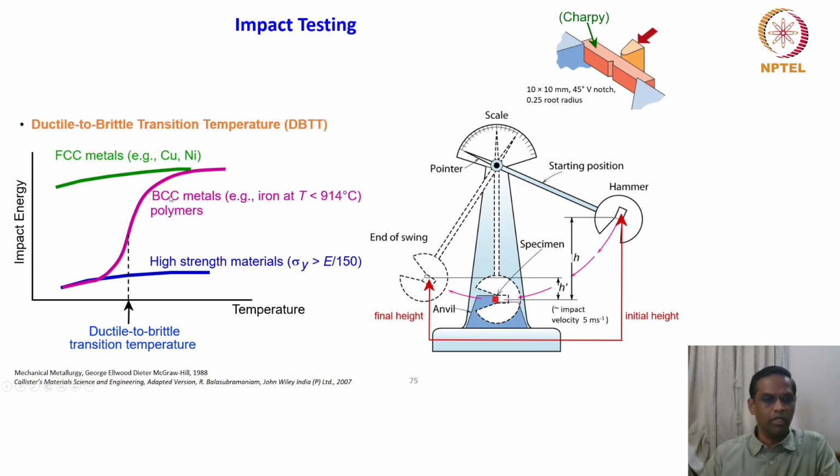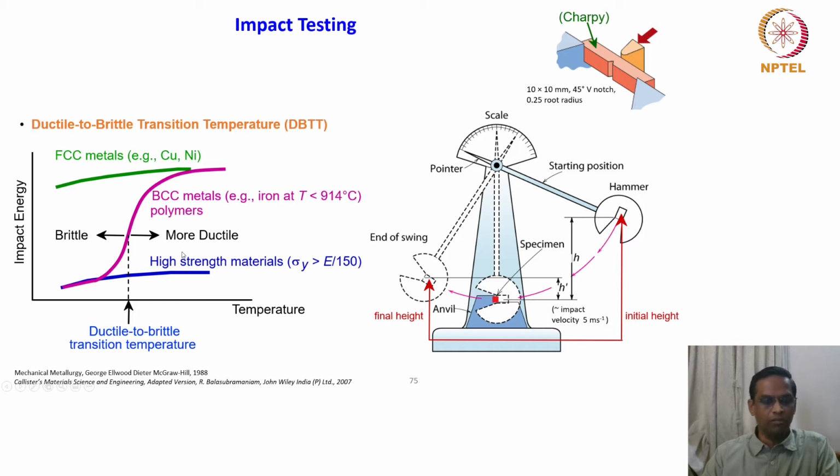So we have the background for this, and this particular temperature is called the ductile to brittle transition temperature, popularly characterized as the DBTT. And what happens is the material will behave ductile up to this temperature, and at this temperature it shows the transition from ductile to brittle. So as the temperature is lowered, it becomes brittle.